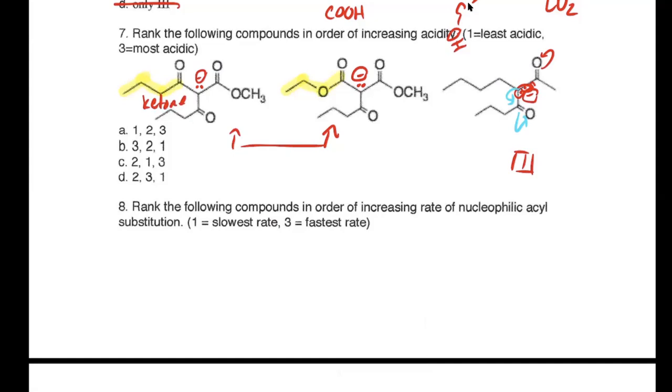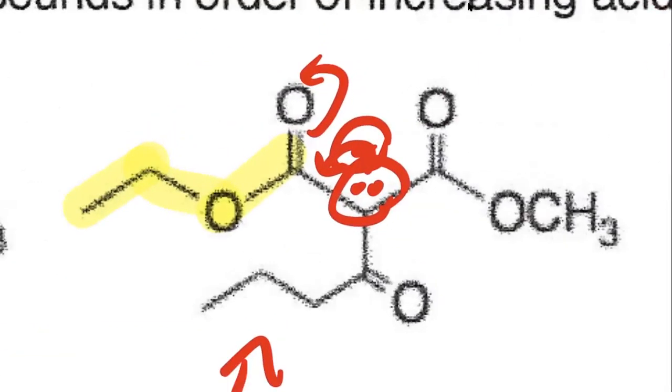So what we need to think about is the resonance that can be drawn with this resonance contributor. This is the important one that's going to make the difference, because that's our point of difference. So we want to laser in on that lone pair right there.